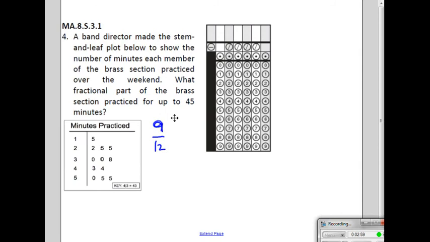Now, what fractional part? Now that we know the fraction is 9 out of 12, we can very simply reduce the fraction by dividing both by 3. And you end up with 3 over 4. So we would simply bubble in 3 over 4.